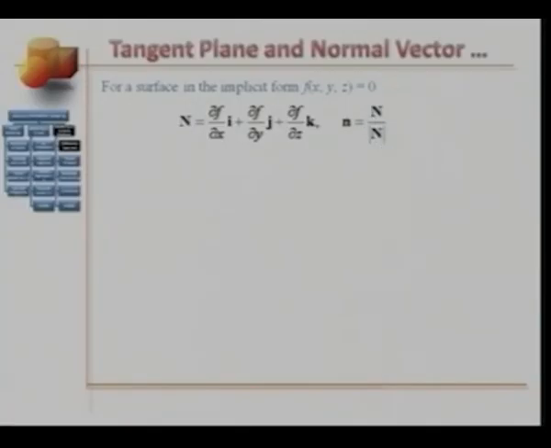You would want to ask, or maybe you would know already, why the normal for implicit surface patches is given in this form. Let me work out the answer to this question for you on the board.